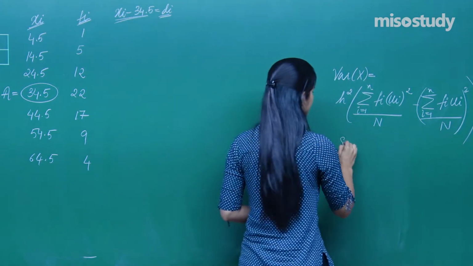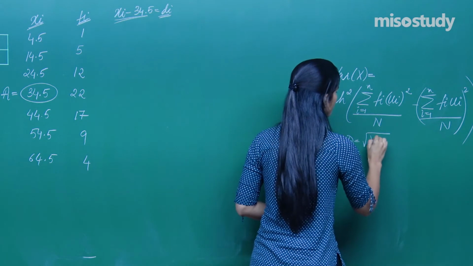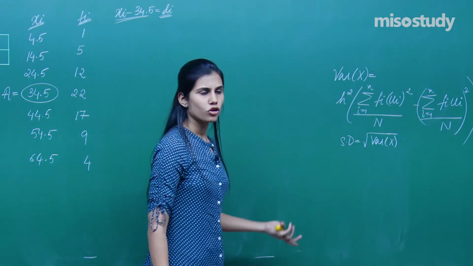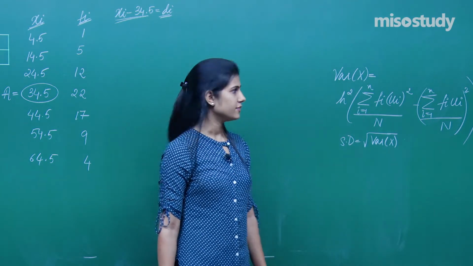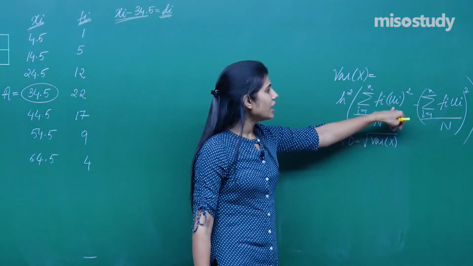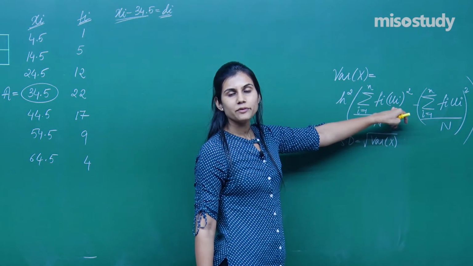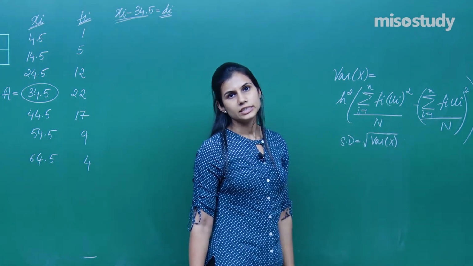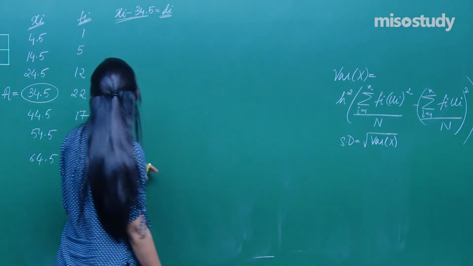And obviously standard deviation is the positive square root of variance only. So just evaluate the variance, and automatically the square root of it will give you the standard deviation. So for this I need ui's. Ui's are nothing but the quotients obtained when di's are divided by h. H is that common number which is dividing all the deviations. So let's see if we are getting that h or not.